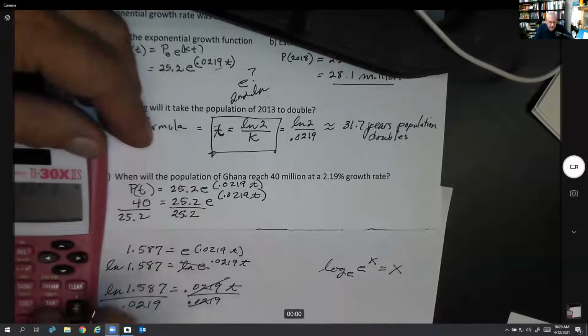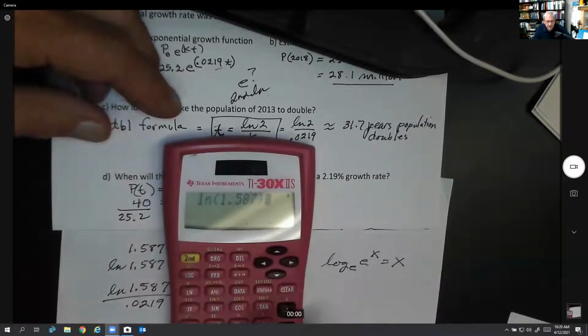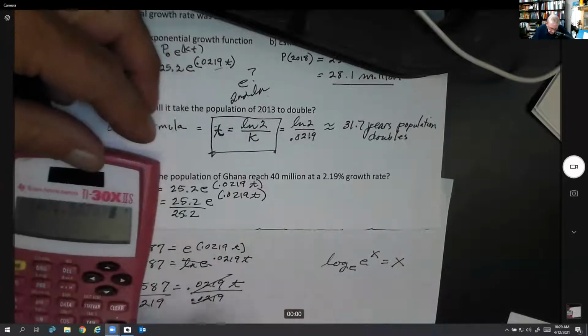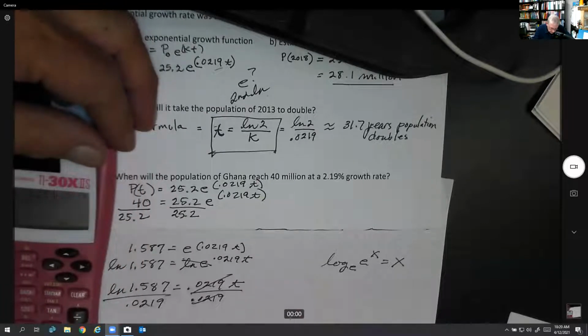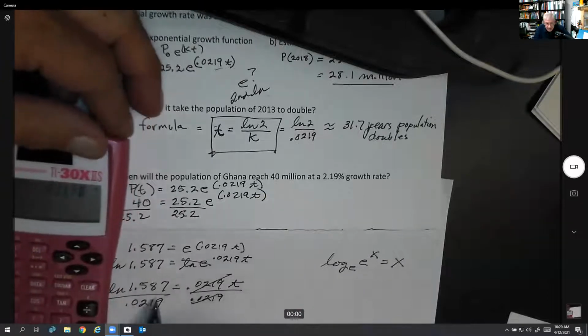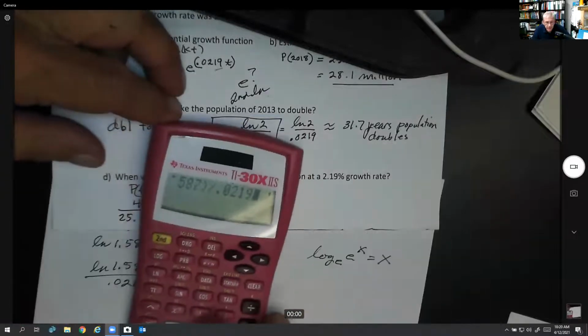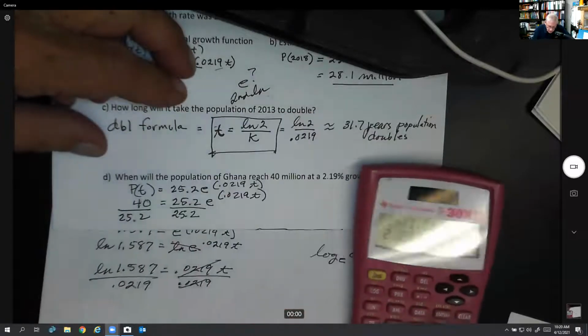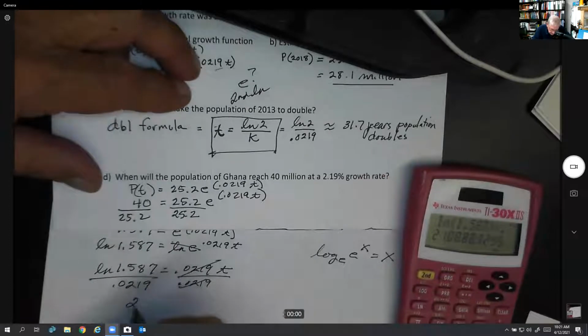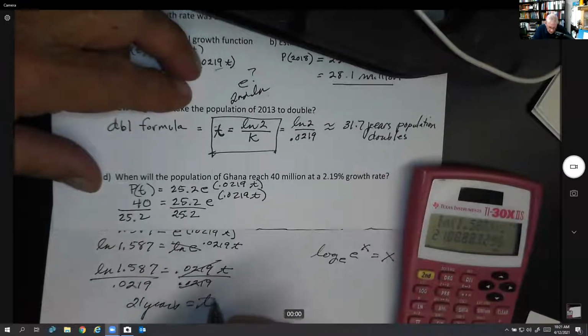I need the parentheses closed, then divide. If you don't do that, sometimes it won't come out correct. 0.0219. So this always has to be a decimal. Equals. And it should take about 21 years for the time.